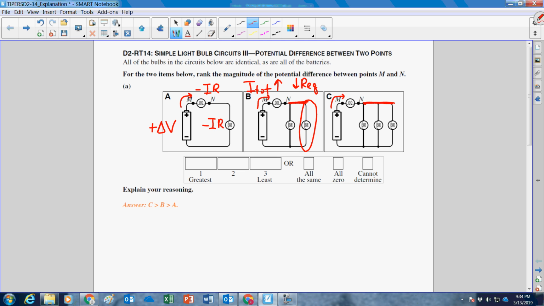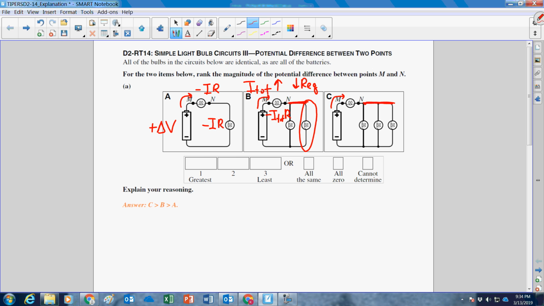And so then we can argue that the voltage drop from M to N is going to be larger in case B, because the R hasn't changed, but I've now got a larger total current that I'm multiplying by that resistance. And C, again, will be larger because I'm again reducing the equivalent resistance and increasing total current, and therefore increasing the voltage drop across that bulb.